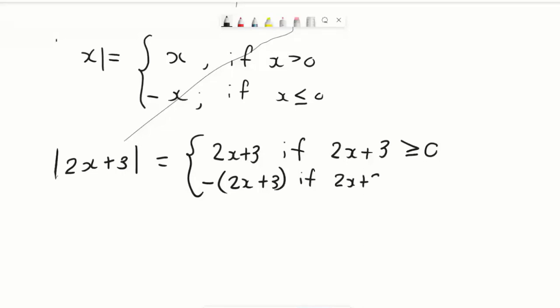The first one is true if we do our transposition there, if x is greater or equal to minus 3 over 2. From here, you can see that. By the same token, this implies, so if this is correct, and you transpose the 3, this is true if x is less than minus 3 over 2.